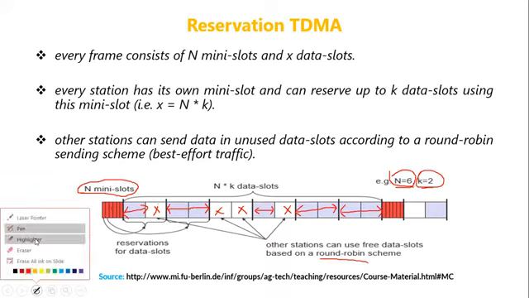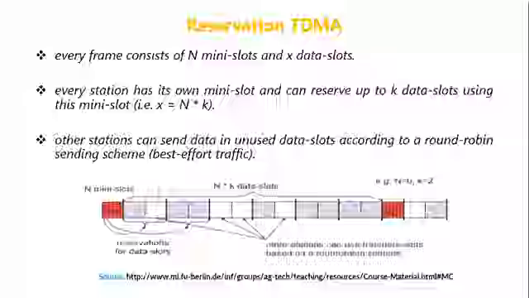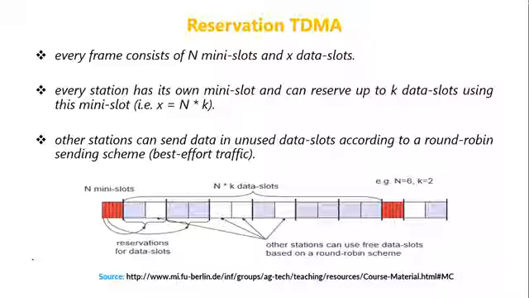Here a frame consists of n mini slots and x data slots, where n represents the number of users and x is equal to n into k, where k is the maximum number of slots that can be reserved. During the mini slot, every user has their fixed mini slot, and during it they have to reserve the data slots, up to a maximum of k data slots.